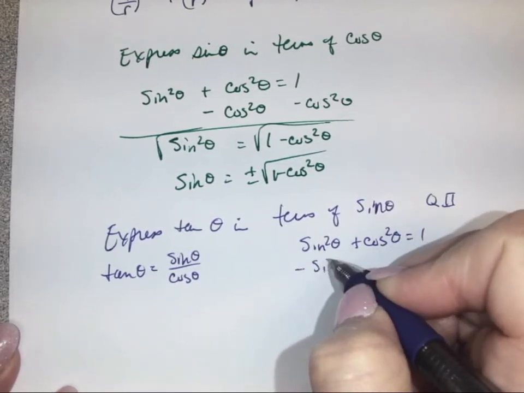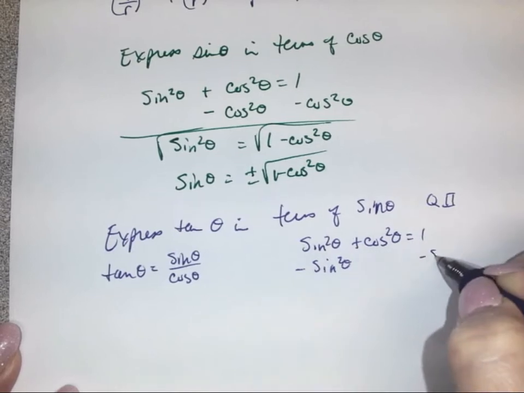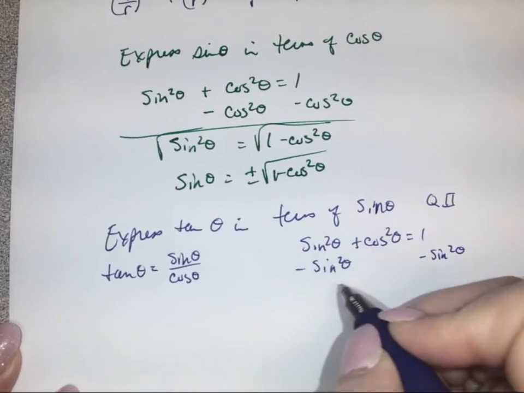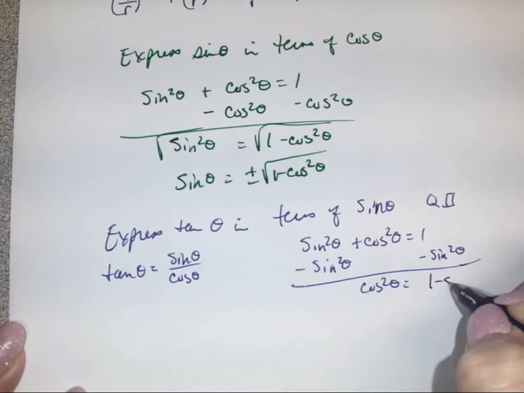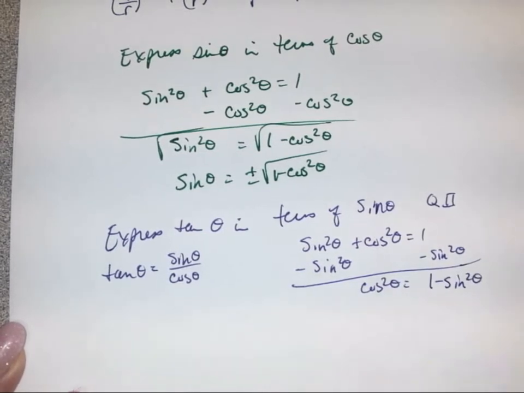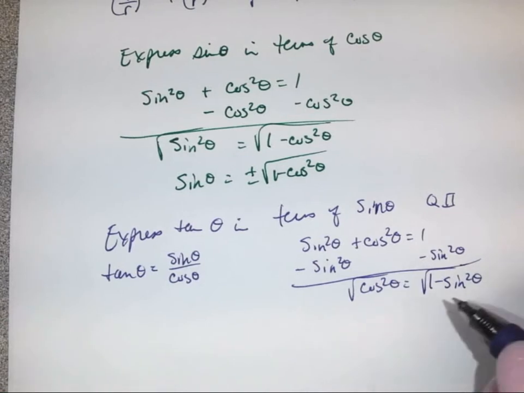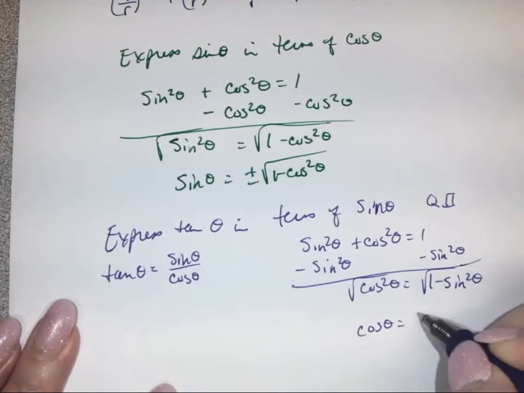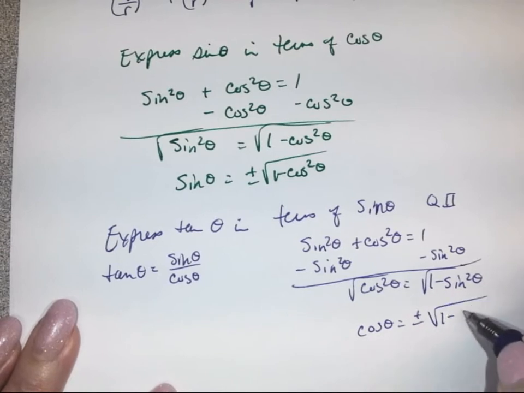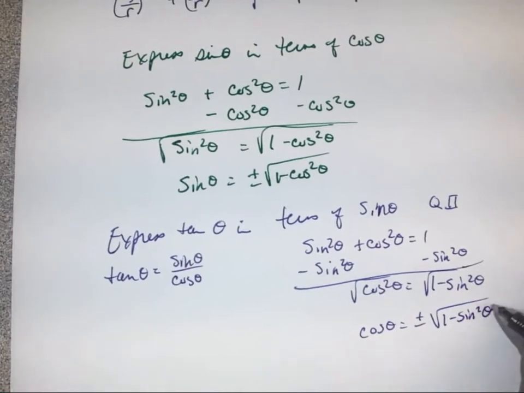So I'm going to subtract my sine squared theta from both sides, and I end up with cosine squared theta is equal to 1 minus sine squared theta. Taking the square root of both sides, we end up with cosine theta is equal to plus or minus the square root of 1 minus sine squared theta.